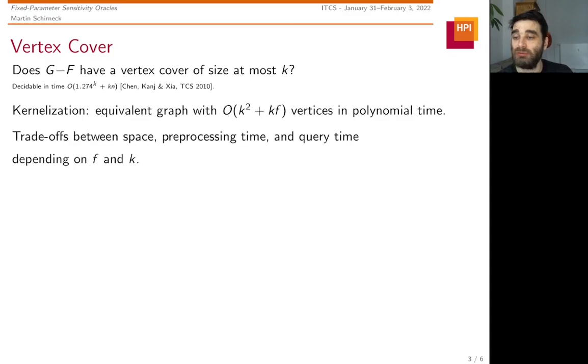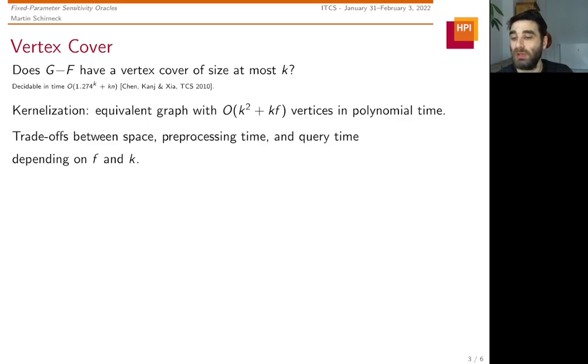But still we have to carefully trade off between space, preprocessing and query time depending on those two parameters f and k. This is something we inherit from the sensitivity oracles, where usually not one data structure is best for all settings. It really depends on whether you emphasize a small space or fast preprocessing or query time.